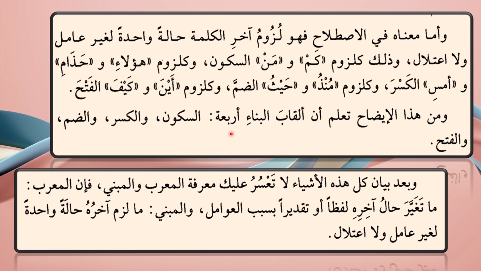So you have seen four signs here. The alqab or signs of the structure are four: sukun in the case of kam and man, then kasr in the case of hadami, haula'i and amsi, then dhamm in the case of mundhu, haythu, and fatha in the case of aina, kaifa. So these are all the examples.